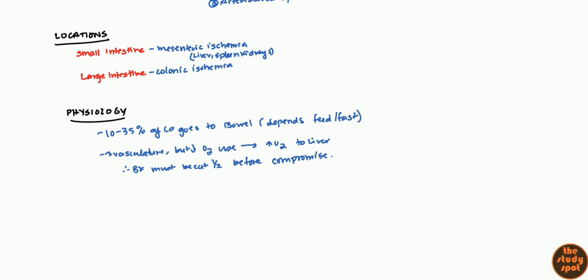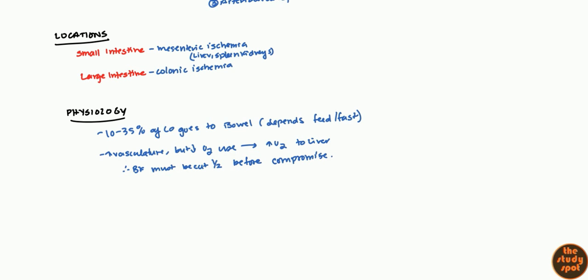So your gut, in other words, can handle a loss of blood flow fairly easily. And this makes sense because the blood flow isn't necessarily to deliver oxygen, it's actually to absorb the nutrients from the intestine.